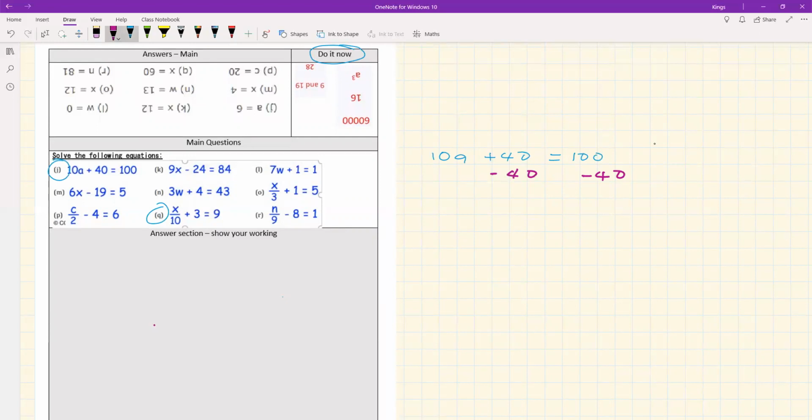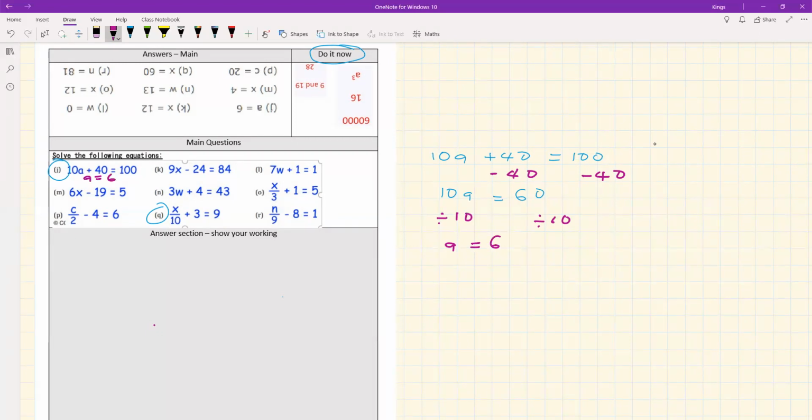We're left with 10a on this left side equals 100, take away 40 is 60. Now we divide by 10 to get rid of 10 on that side. So a equals 60 divided by 10 is 6. So a is 6. Substitute for a in the original equation to see if that's correct. 10 times 6 is 60. 60 add 40 equals 100. So a equals 6 here.